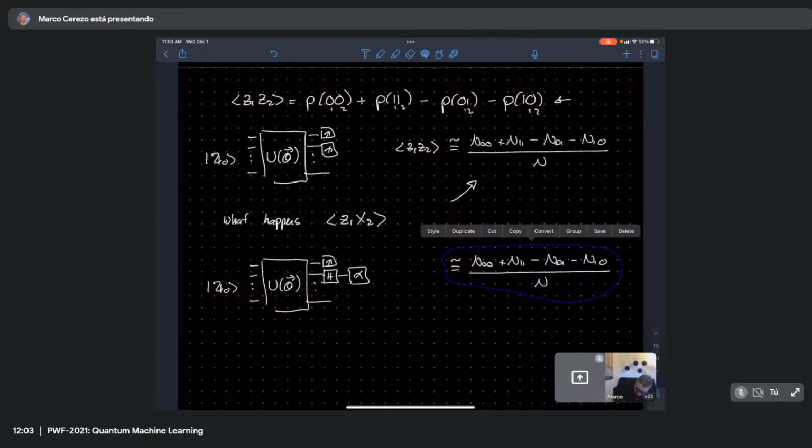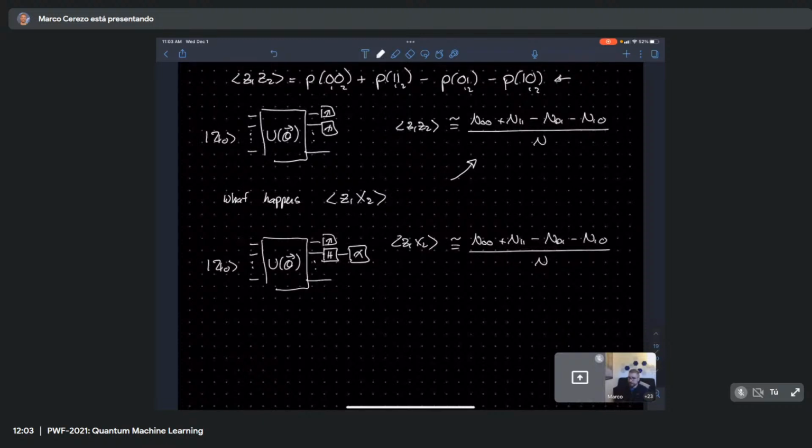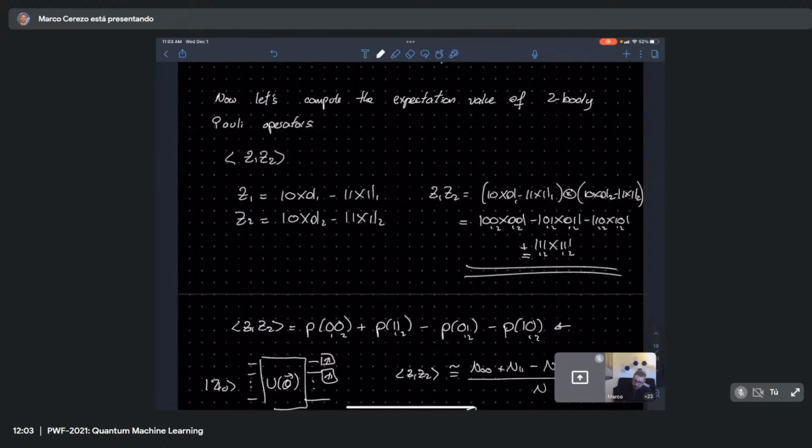So now we know how to do this, and we can generalize this to multi-qubit Pauli strings. You just measure the qubits that are in the Pauli strings with an appropriate change of basis, and you're going to be doing a summation, weighted with plus or minus signs, of the probabilities that you get at the end.